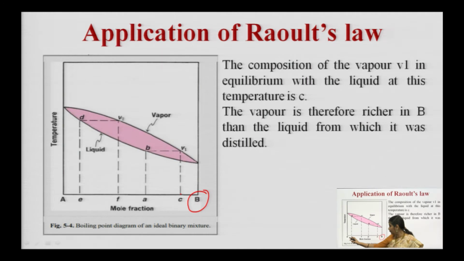So, the vapor is therefore richer in B than the liquid from which it was distilled.